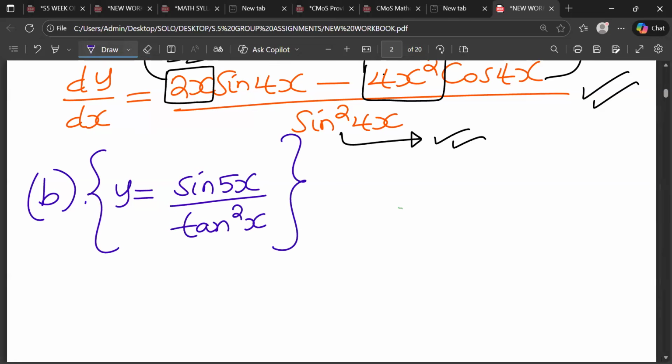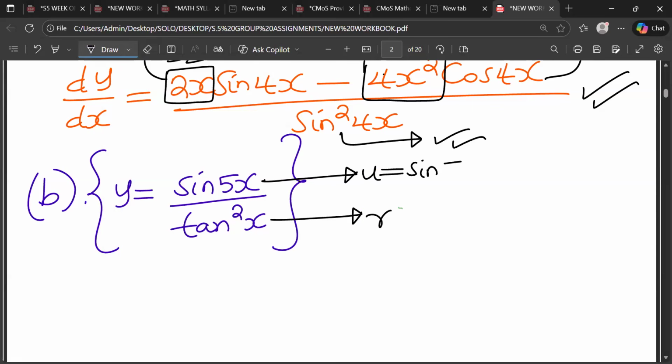People, is that one doable? Like if at all you have your u, this one is your v. Tell them my u is that one, sine 5x. Then you tell them my u prime is 5 cos 5x, because that one was taught.